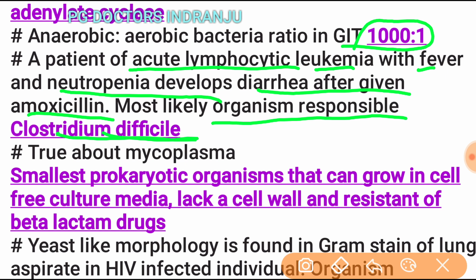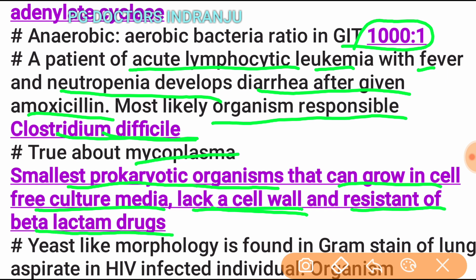True about Mycoplasma: the smallest prokaryotic organism that can grow in cell-free culture media, lacks a cell wall, and is resistant to beta-lactam drugs due to lack of cell wall.